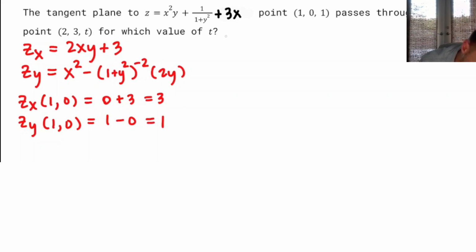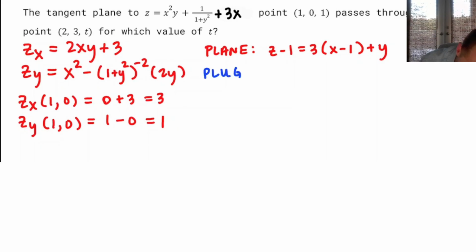So the plane equation is going to be z minus the z coordinate, so that was z minus 1, equaling the partial derivative with respect to x times x minus the x coordinate, plus the partial derivative with respect to y, so that's 1 times y minus 0, so that'll just be plus a y. Okay, now we're going to plug in 2 and 3 and t.